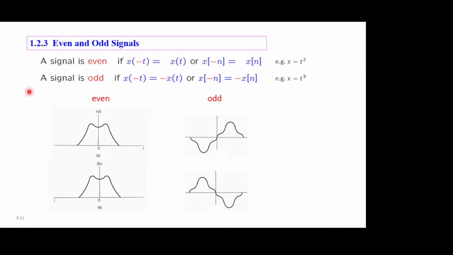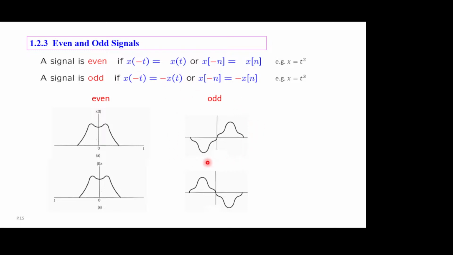And then there's odd. An odd signal is not totally invariant under this time reversal, but it's still very symmetric around t equals 0. When you do this time reversal, x of t changes to x of minus t, then it becomes minus x of t.